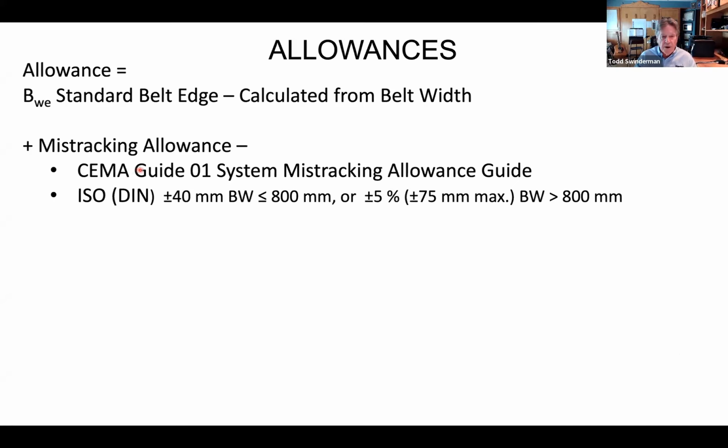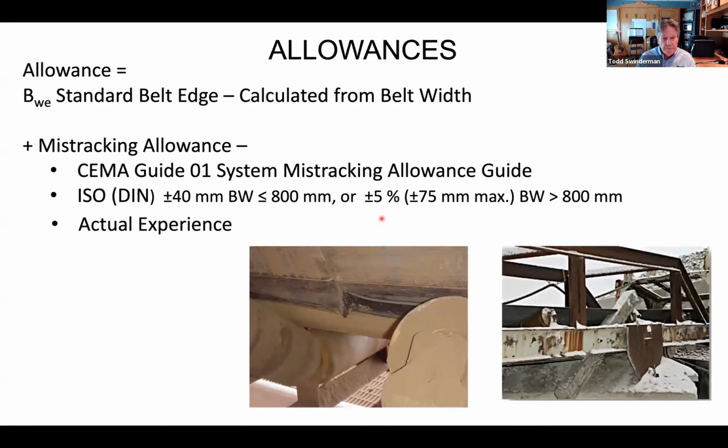The 2 methods are practically identical. There's a few belt widths in the middle that don't match up exactly with ISO because we're matching the CEMA standard products. And you'll find generally it's the return idler that governs your mistracking, how much mistracking you can have before you get into structure or some other problem.